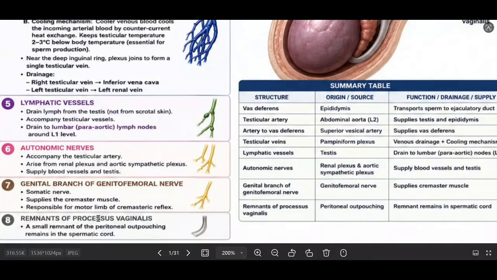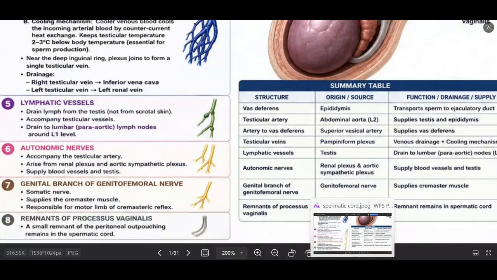But after the baby is born, the processus vaginalis obliterates, but a small remnant still remains in the spermatic cord, and that is called the tunica vaginalis. Now I am going to show you the tunica vaginalis via a diagram of Snell's.